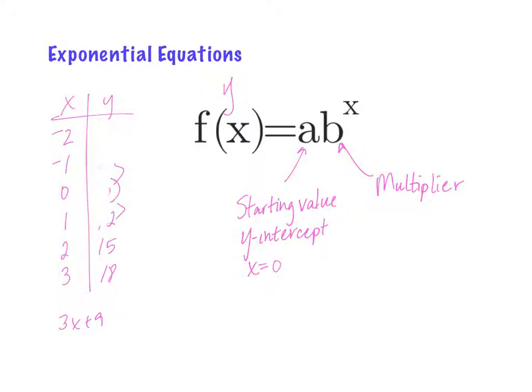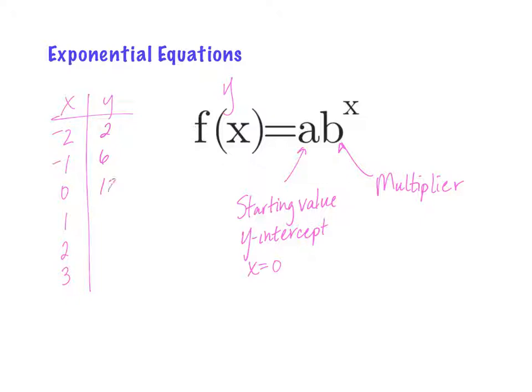If I have an exponential equation, what's happening every time is my starting value and everything else gets multiplied by the same number every time. So if I have something that, let's say we're at 2 right here and we multiply by 3, that's going to be 6.